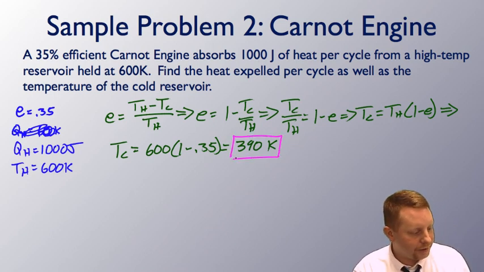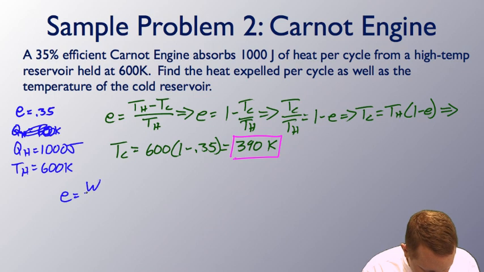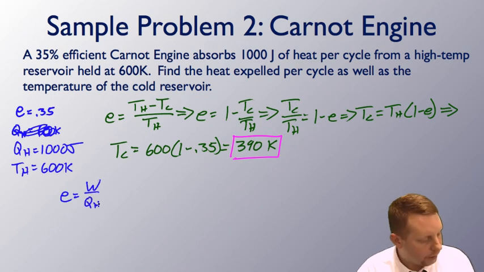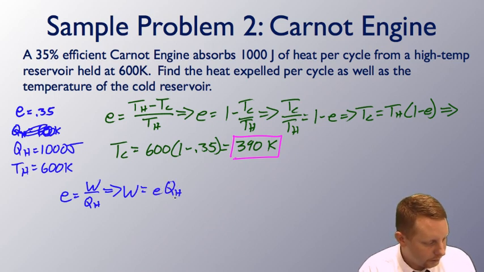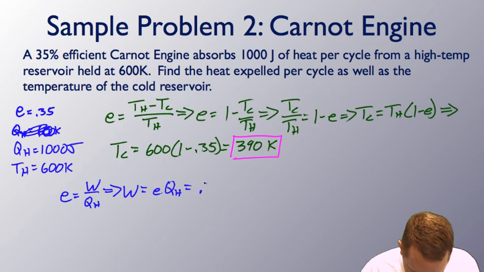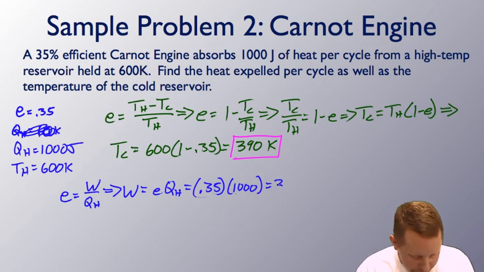Now we also have to find the heat expelled per cycle. To do that, let's go back to our efficiency is equal to work over our heat put in, which implies then that work is E times QH, which is equal to 0.35 times QH, 1,000 joules, or 350 joules.